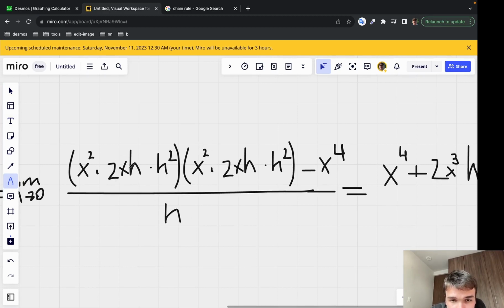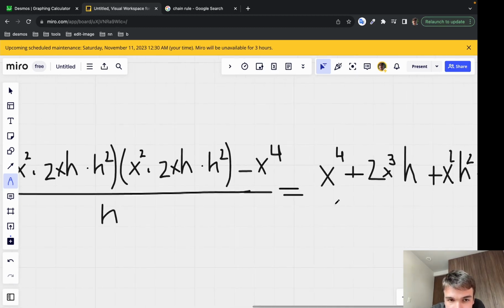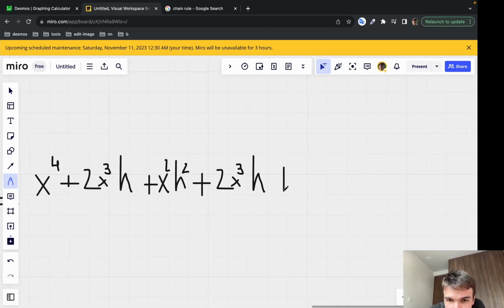So now 2xh multiplied by 2xh is going to result simply in 4x squared h squared. Is it? Let's check this out. Yeah, 2x squared and h squared. So 4. So plus 4x squared h squared.